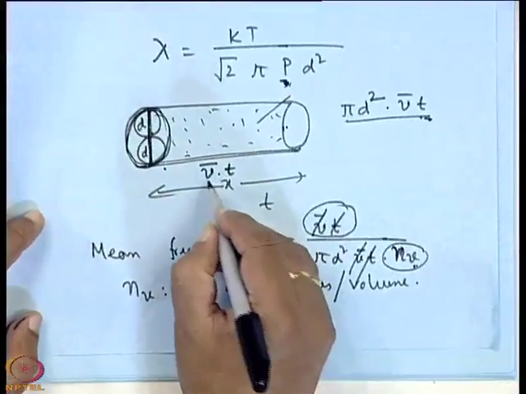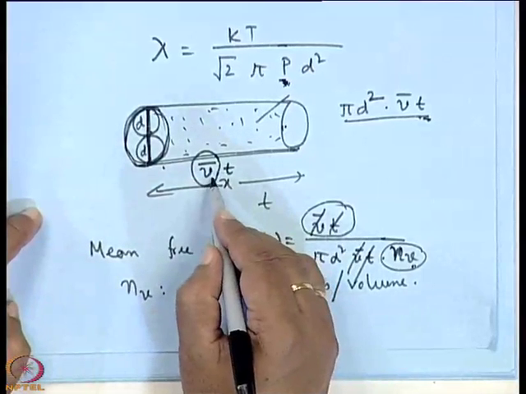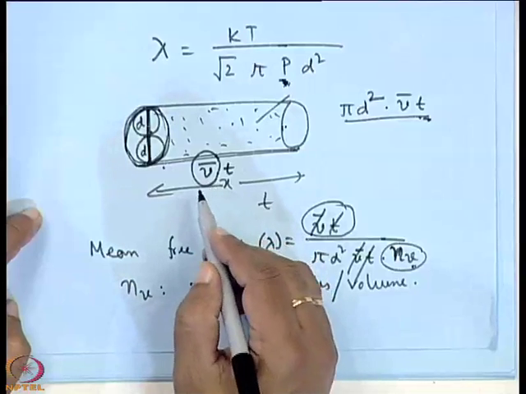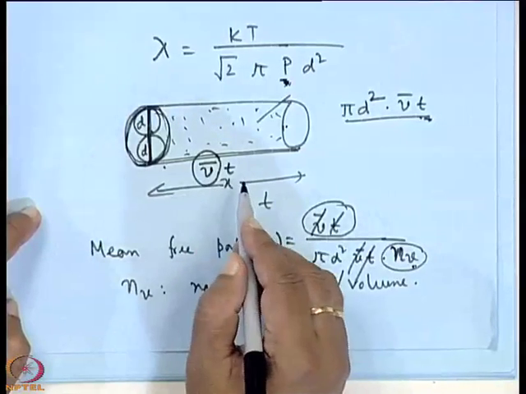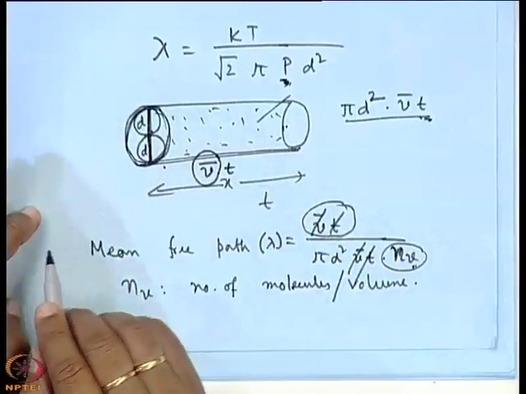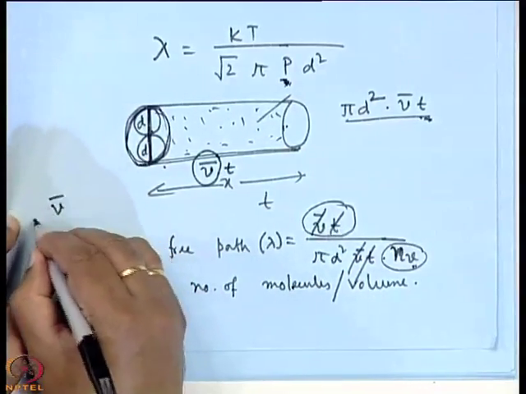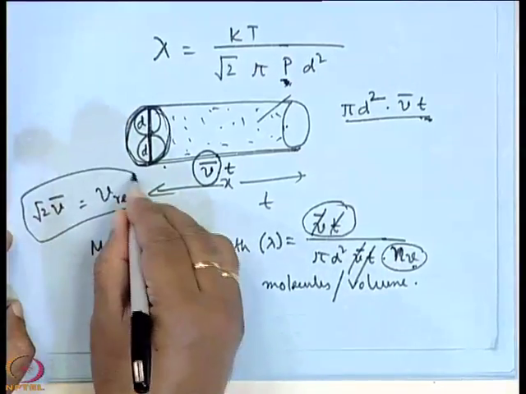So, when I talk about this v bar t, that v bar t is not the actual v bar, it is basically the relative velocity we have to consider, and that relative velocity is basically root 2 of v. v bar root 2 will be the relative velocity, that you can prove.